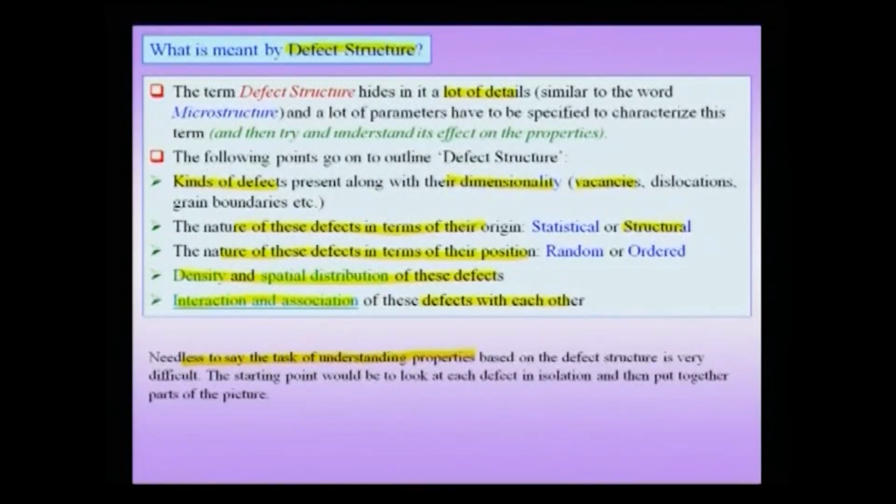Now, it is worthwhile for me to briefly revise this slide, because a lot of new terminology has been introduced here, but essentially what we are talking about is defects in the material.